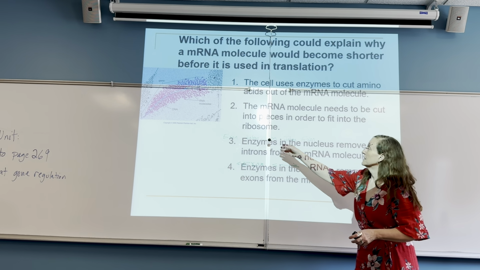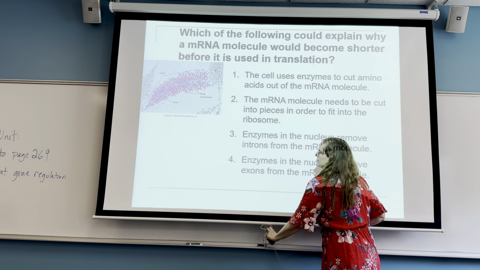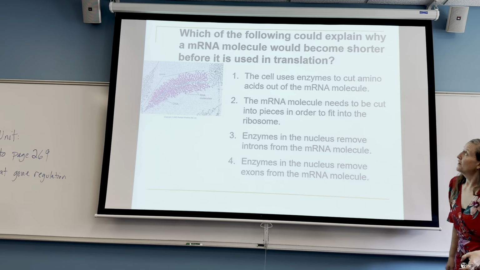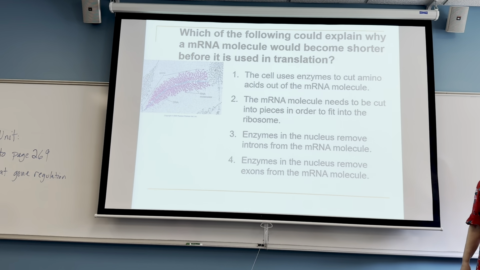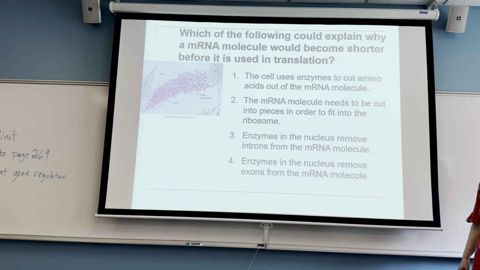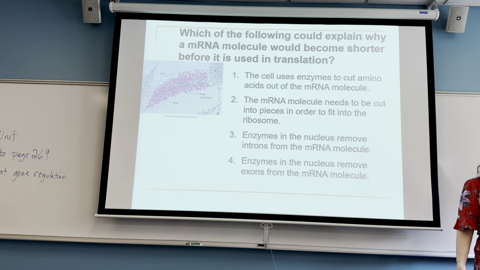All right, let's take a look at this question. Which of the following could explain why a mRNA molecule would become shorter before it is used in translation? The cell uses enzymes to cut amino acids out of the mRNA molecule. Is it cutting amino acids? Not amino acids, that's what it's going to make later.